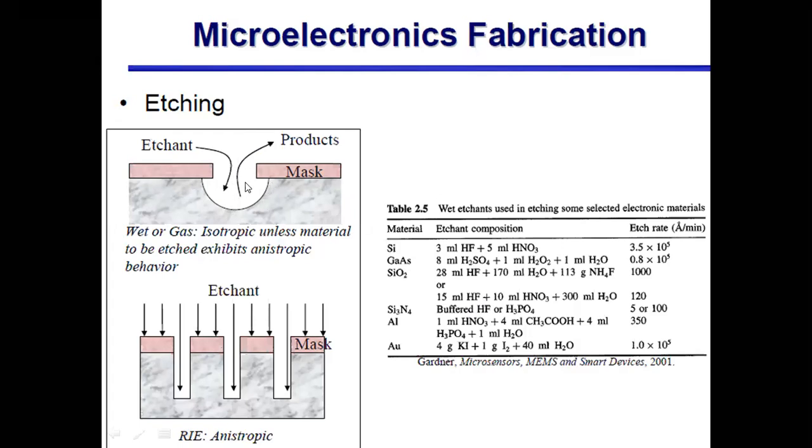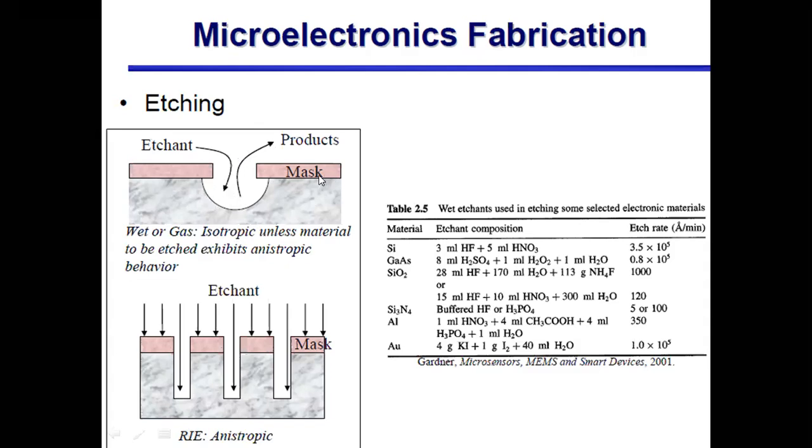For example, if we have a substrate and I put this substrate into an etchant, we would have two types of etchant, isotropic etchant and anisotropic etchant. If the etchant is an isotropic etchant, it would eat the material equally in all directions.